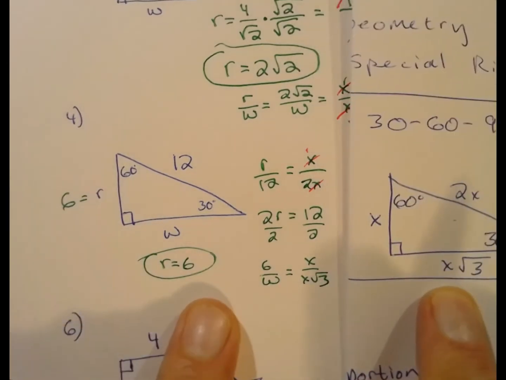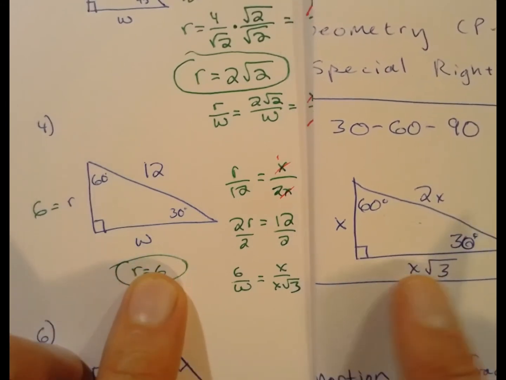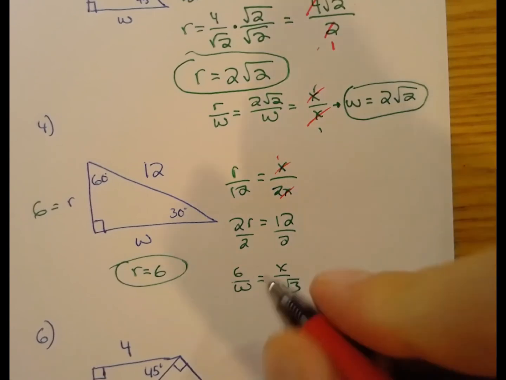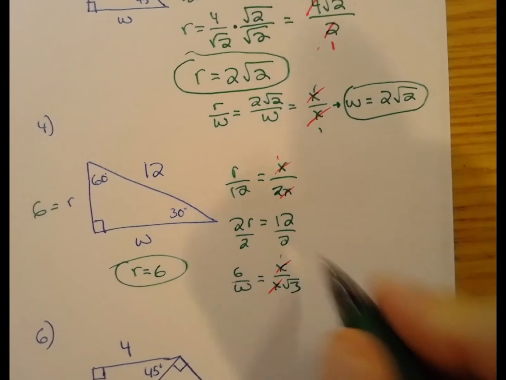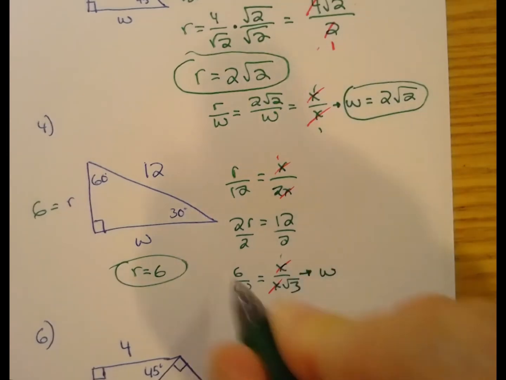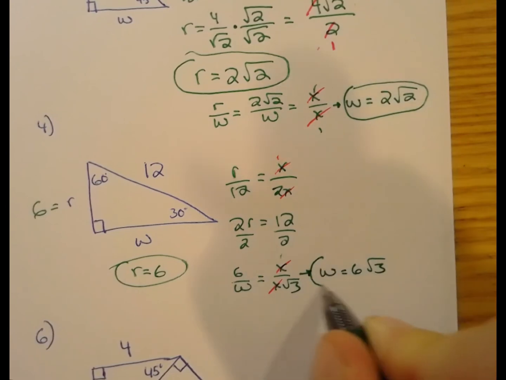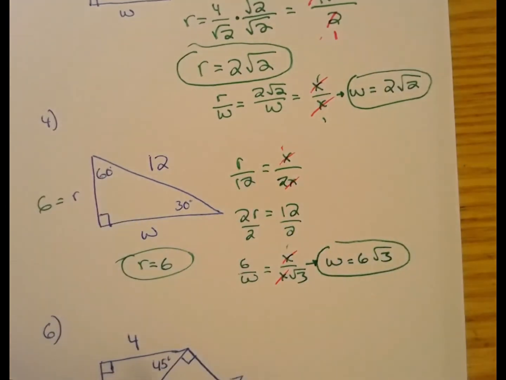Again, corresponding: w is between 30 and 90, so that's the x root 3 side. X's cancel. W times 1 is w. 6 times root 3 is 6 root 3. So it's a little bit easier if we solve for the short side first.